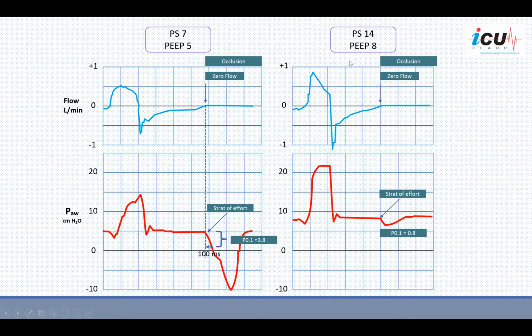With too much support, you inhibited the respiratory drive. This is more appropriate support for the patient, even though he can benefit from a bit higher pressure support to get P0.1 around 1.5 to 3.5. I'm sorry, not p-value, P0.1.